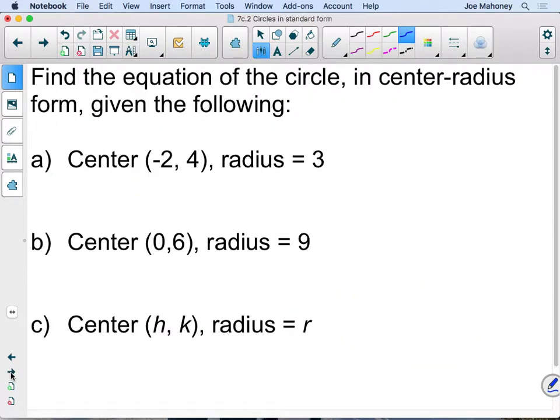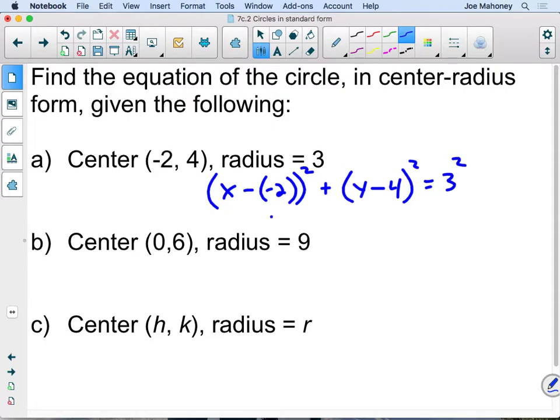If I want the center to be at -2, 4 and the radius is 3, I know it's going to look something like x minus -2 and y minus 4. Remember, the radius was 7 before and I wrote 49, so I have to do 3 squared. So the equation is x plus 2 squared plus y minus 4 squared equals 9.